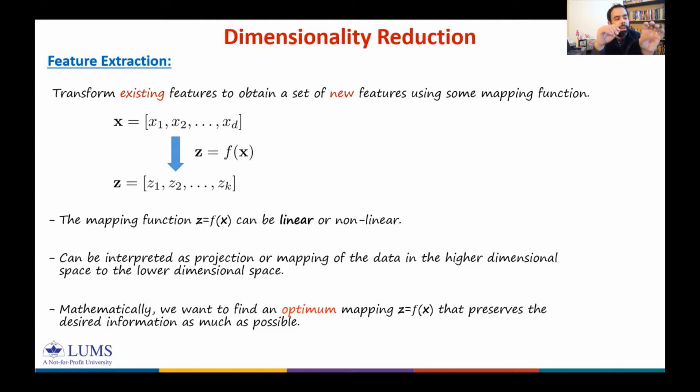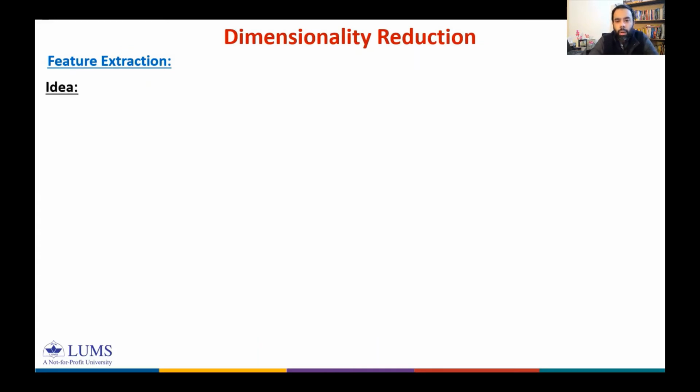So when you move from a d-dimensional space, say 784, to a k-dimensional space, say 10, obviously you expect to lose information, because this is a very, very high dimensional space. But this mapping should be defined in a way that you preserve most of the information, or you preserve the desired amount of information, or you minimize the loss in information from moving from this higher dimensional space to this lower dimensional space, right? Okay.